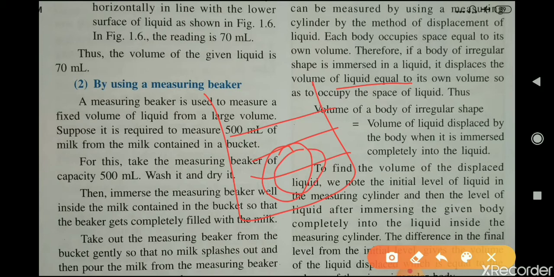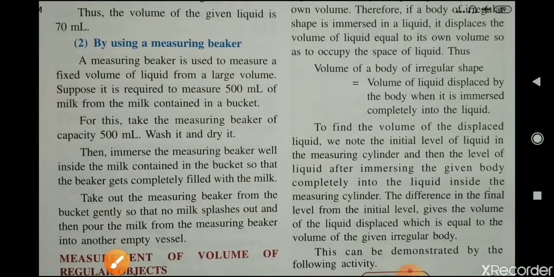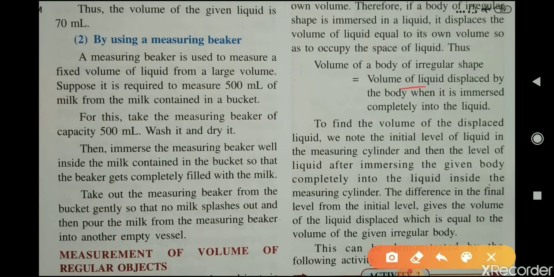Means when we immerse an irregular object in liquid, it will displace the water equal to its own volume. So the volume of a body of irregular shape equals the volume of liquid displaced by the body when it is immersed completely into the liquid.